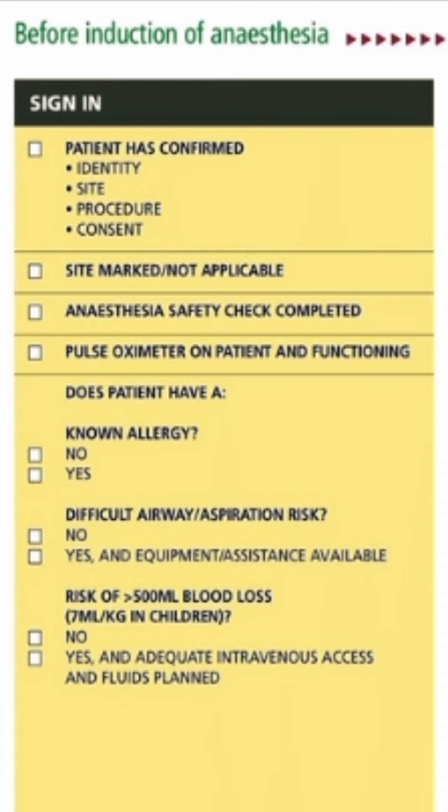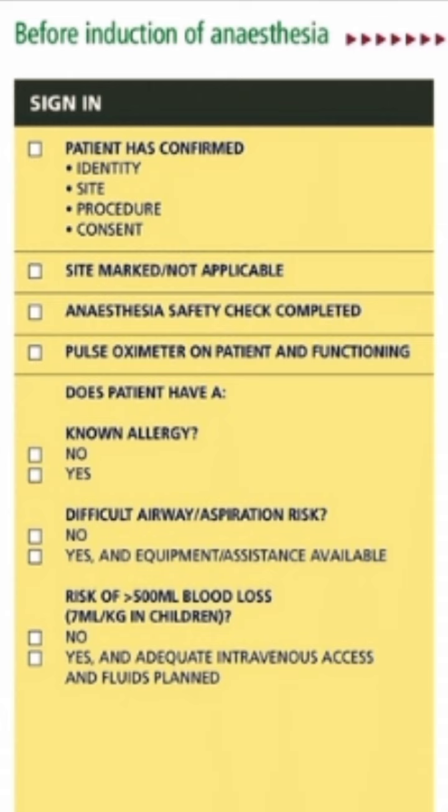Then, does the patient have any kind of allergy? If yes, then we'll tick the yes option. If no, we'll tick the no option. Then we'll check whether the patient has any kind of airway obstruction or any risks for respiration, and accordingly we'll put yes or no in the column. Then we'll check the risks of the operation. Next, the surgical team members will check the risk of blood loss. In case of any emergency or any procedure, if the blood loss will be greater than 500 ml, then blood transfusion or any kind of blood product should be made ready earlier itself.